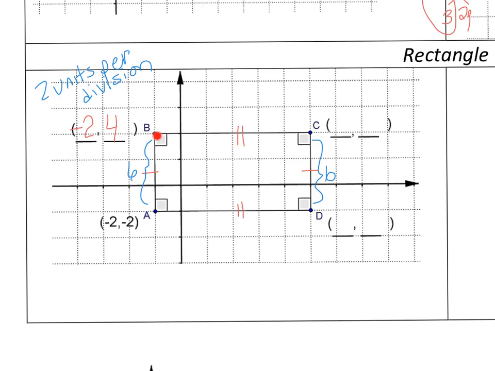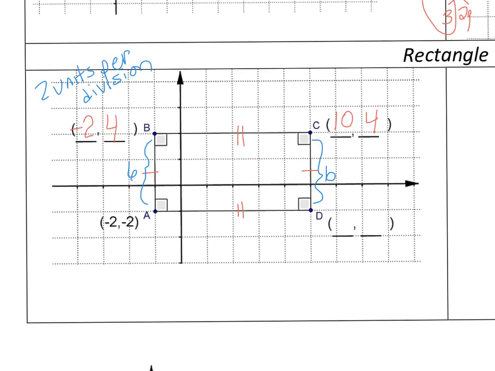Let's keep traveling clockwise. If I travel over to vertex C, nothing's changed from a y perspective, so that's located also at 4. And let's count the scale here to find the location of C. We've got 2, 4, 6, 8, 10. So C would be located at 10 from an x perspective.